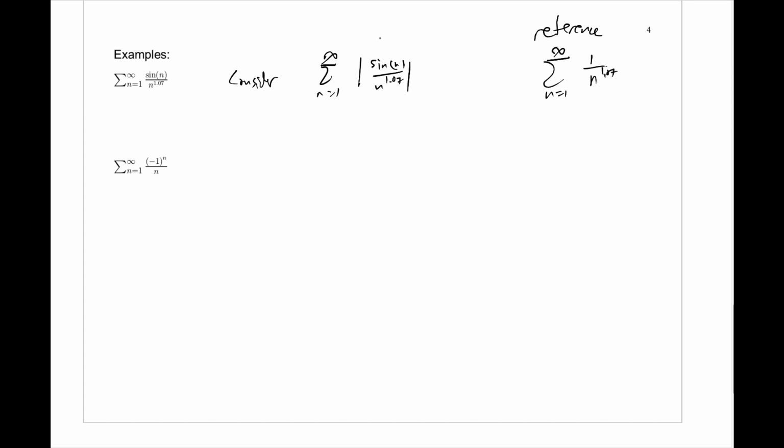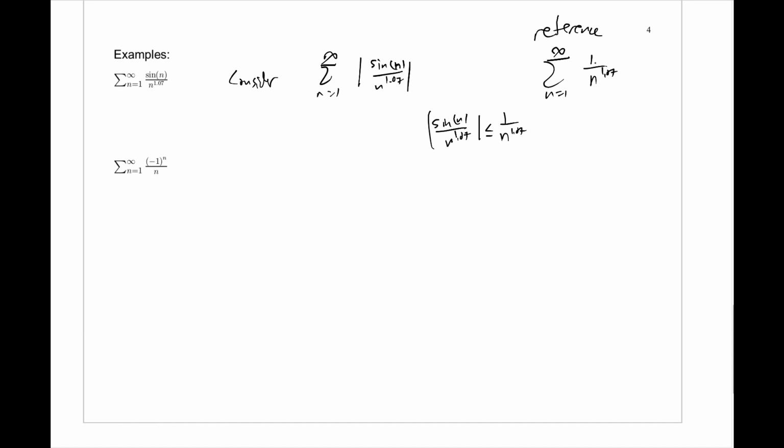Because we have absolute values here, these are now all positive terms, and we can use a comparison test. And the absolute value of sine of n is a strange number as n goes through all the positive integers, but it's always at most 1. So we can definitely say that the absolute value of sine n over n to the 1.07th power is at most 1 over n to the 1.07th power.